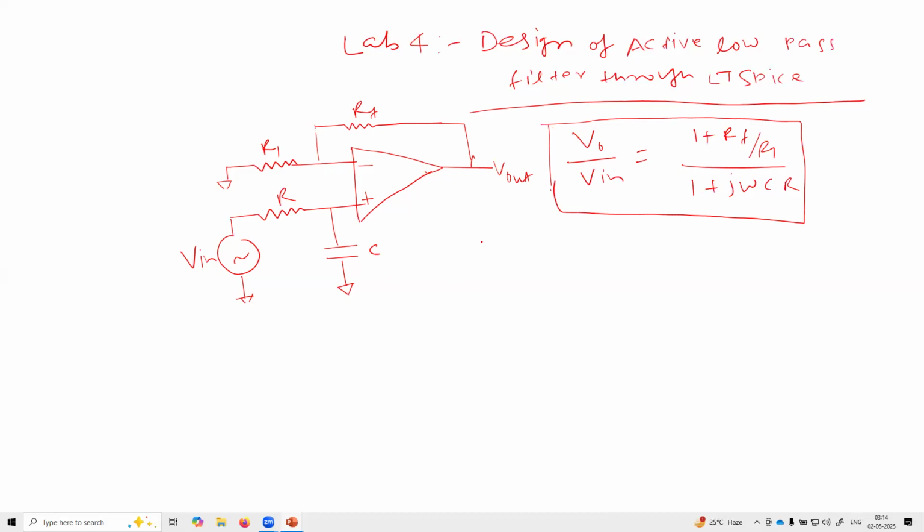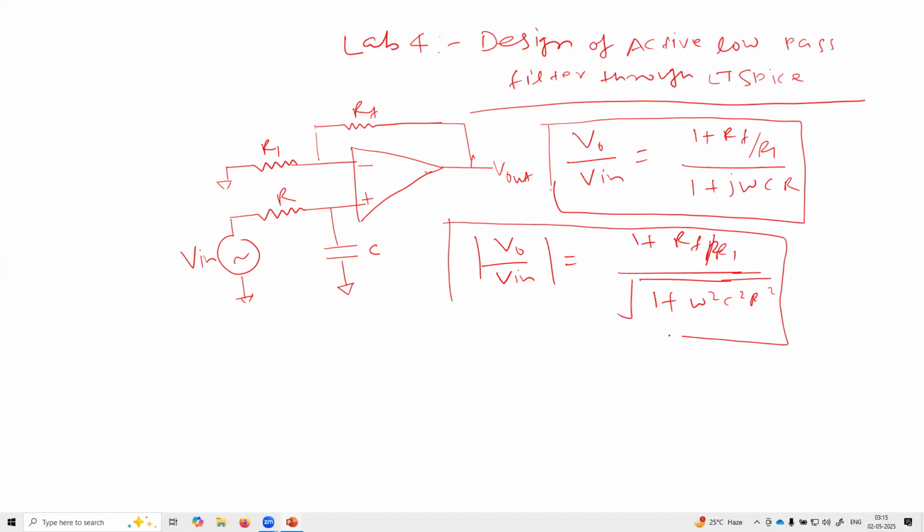I want to extract some information from this gain, so I have to get the magnitude. The magnitude of V naught upon V in is equal to 1 plus Rf upon R1 divided by root under 1 plus omega square C square R square. So this is the magnitude of the gain V naught upon V in.